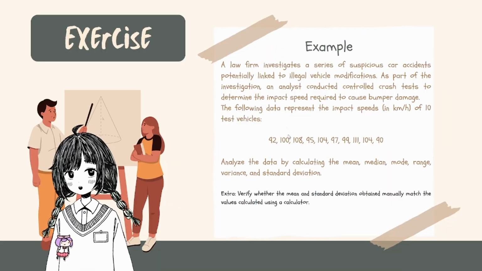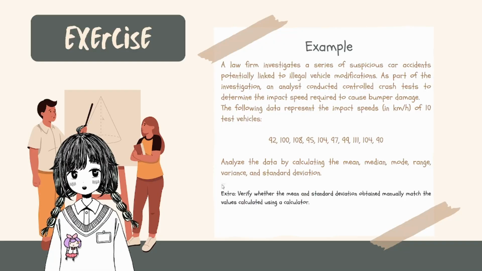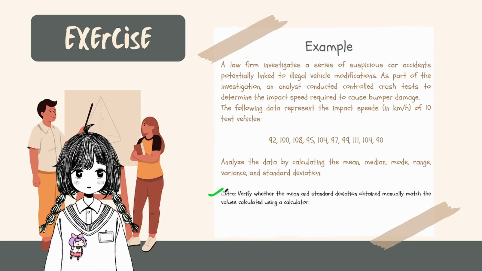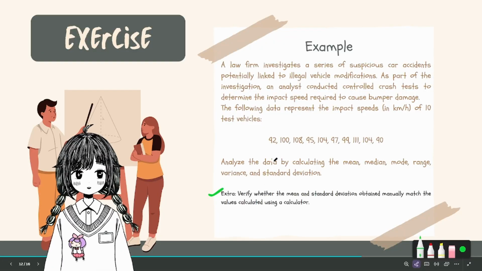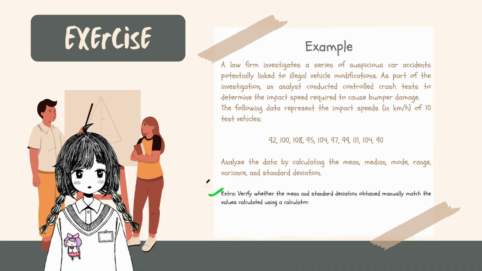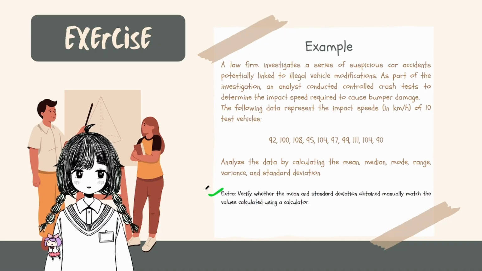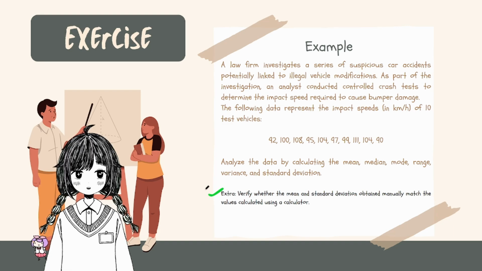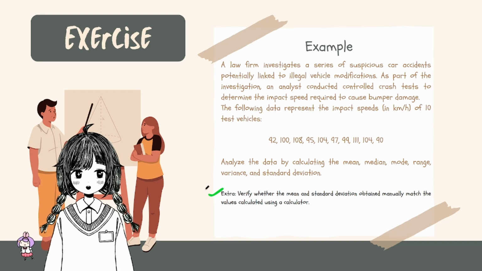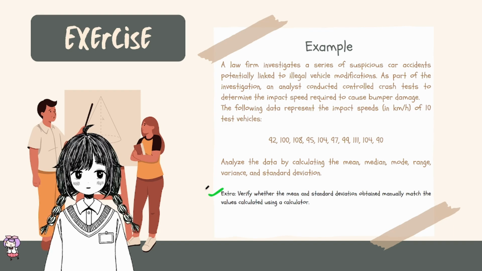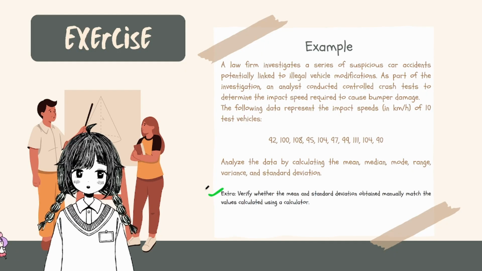Looking back at the exercise, I put in the extra, which is to find the mean and standard deviation using a calculator. Why do we need to use a calculator? Because at university level, sometimes the question gives us 30 data samples, and the more samples you have, the more prone you are to making human mistakes.